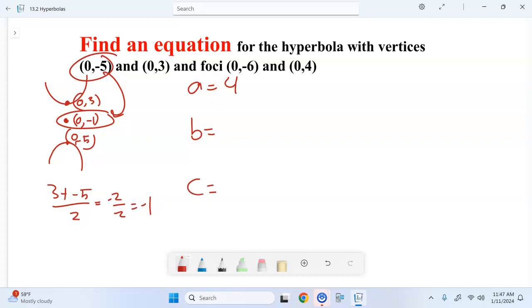C measures what? Center to focus. How far away is our focus from center? 5. So what's B going to be? B squared is 9. 3.